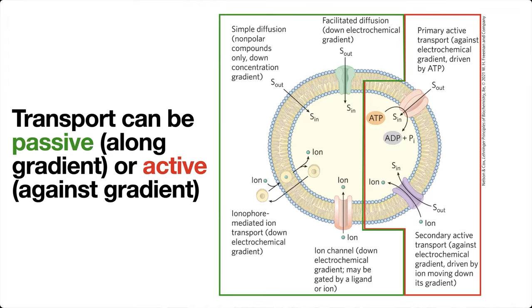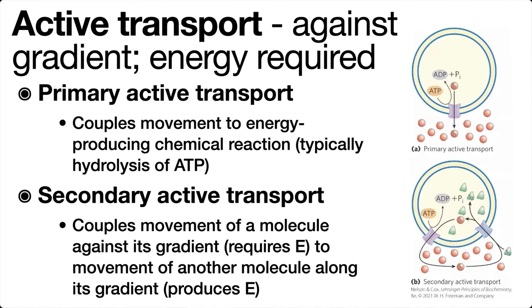So remember, with active transport, we need to use energy in order to move a molecule against its gradient. There are two basic forms of this: primary active transport and secondary active transport. So primary, this is where we're paying at the door, we're paying at the gate. We couple the movement to energy producing chemical reactions, typically the hydrolysis of ATP.